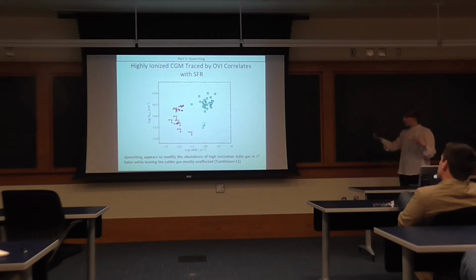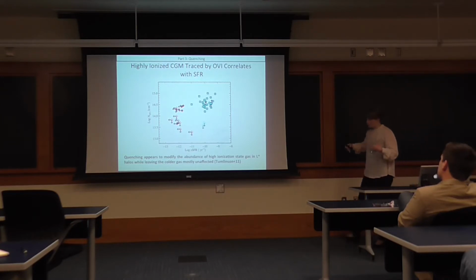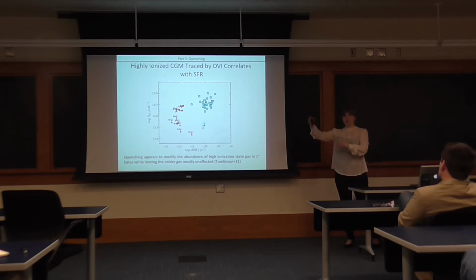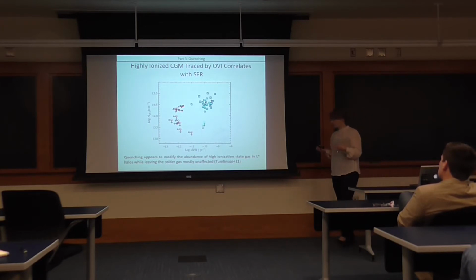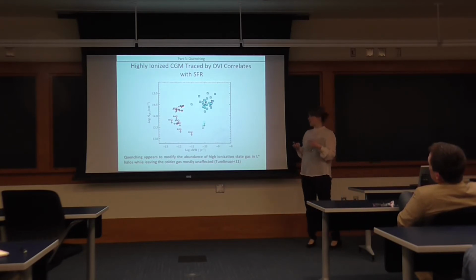I mean, at 200 kilometers per second, if the gas is moving at that rate, the gas that the star formation is driving out there, going out to 100 kiloparsecs into the halo takes billions of years. So why would the present day star formation rate of a galaxy be associated with the amount of oxygen-6 in the halo? It's a very strange result, but let's take it as a marker of the quenching process.